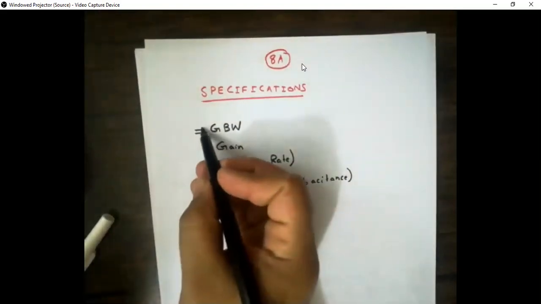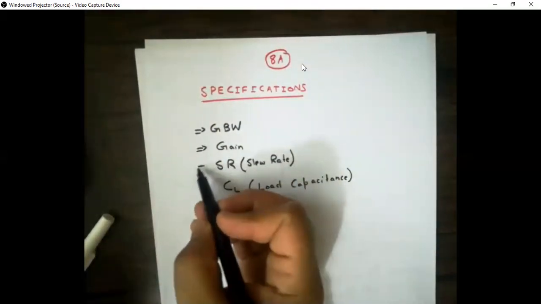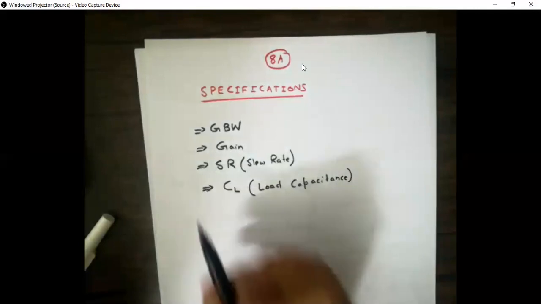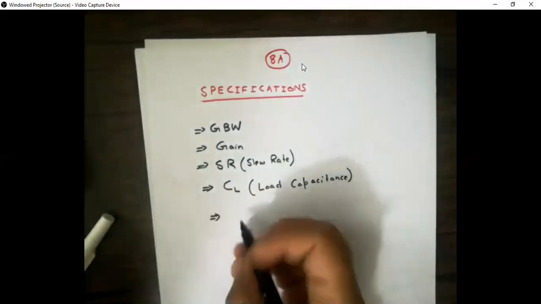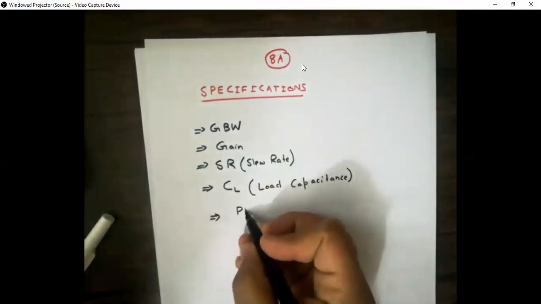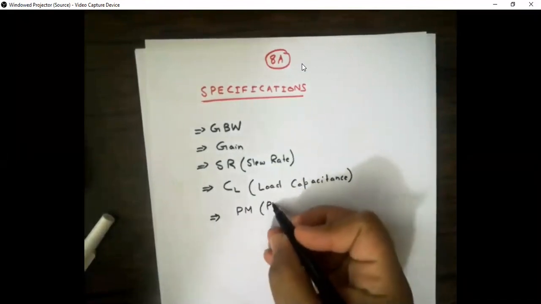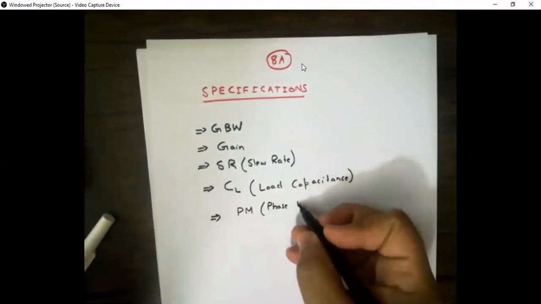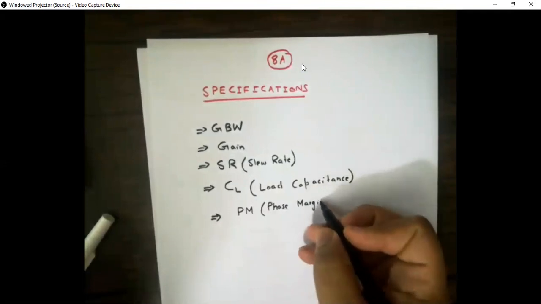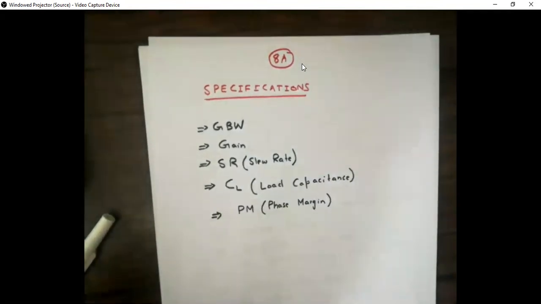So after the gain, the slew rate, and the load capacitance, another thing is PM, phase margin, which we have also previously seen. I need my phase margin provided as a specification. I want my system to be stable, but how much?